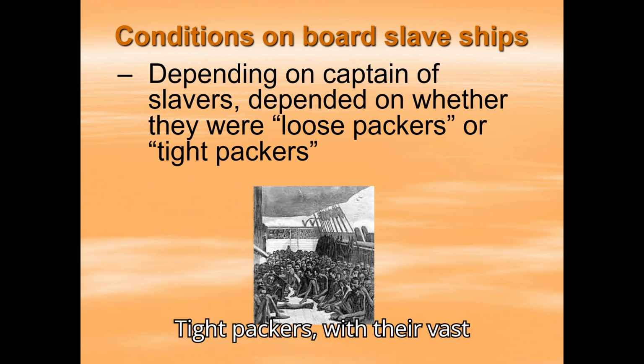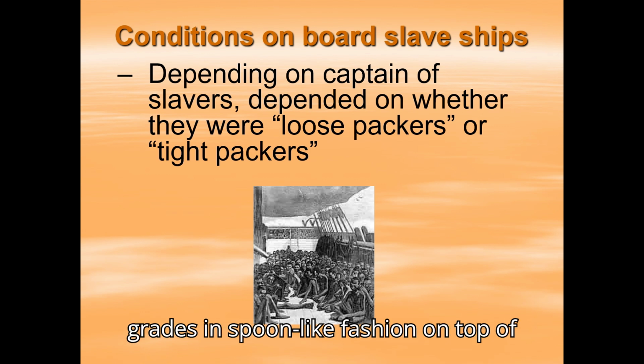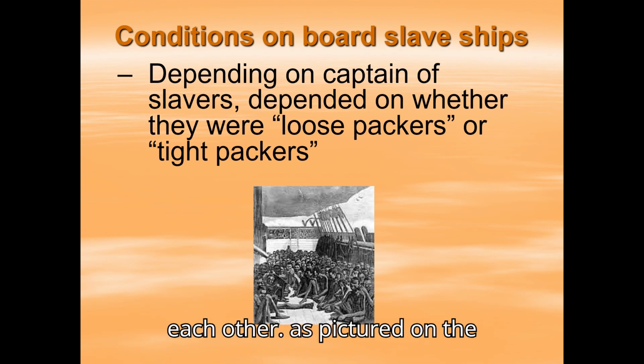Tight packers, with their vast cargoes, often forced their enslaved cargo to lie in spaces smaller than the standard grades in spoon-like fashion on top of each other, as pictured on the next slide.